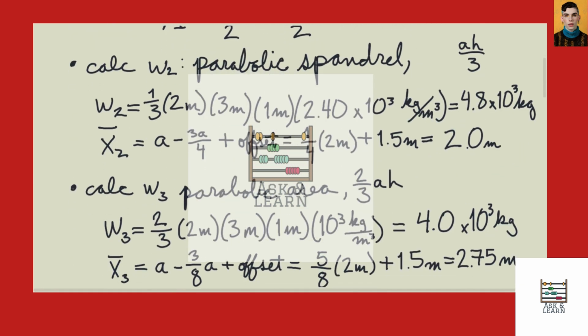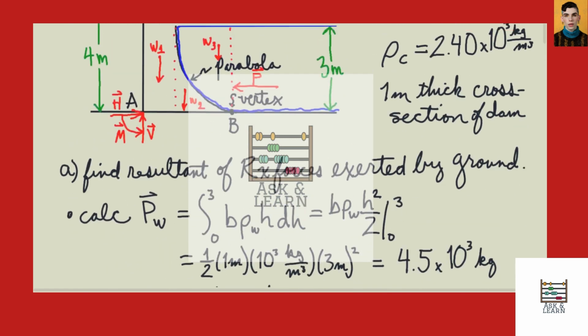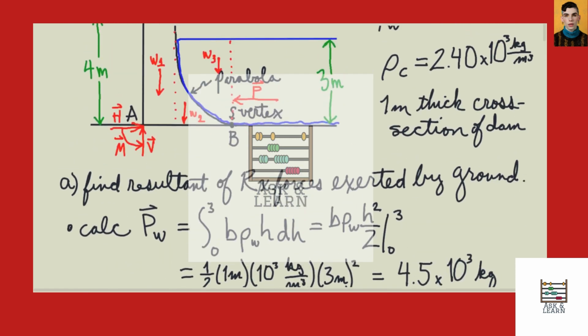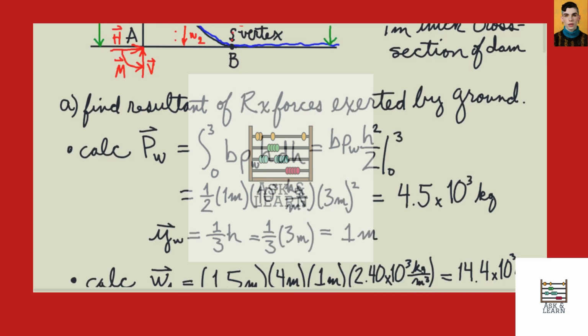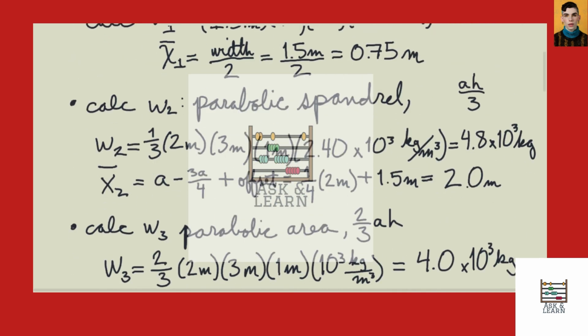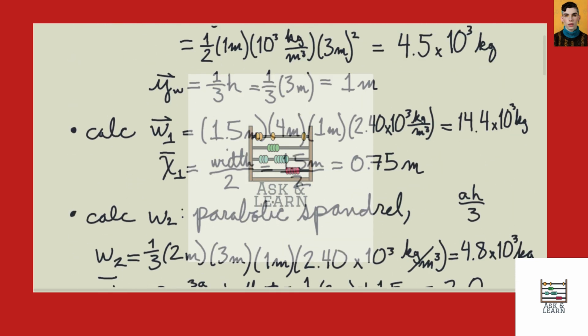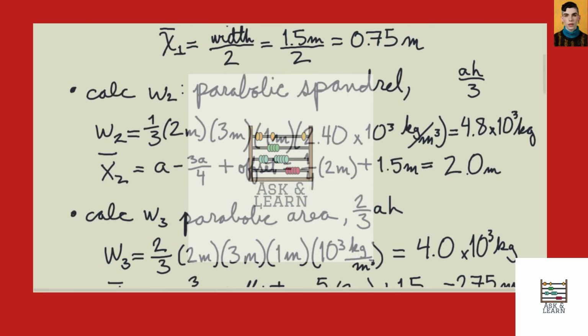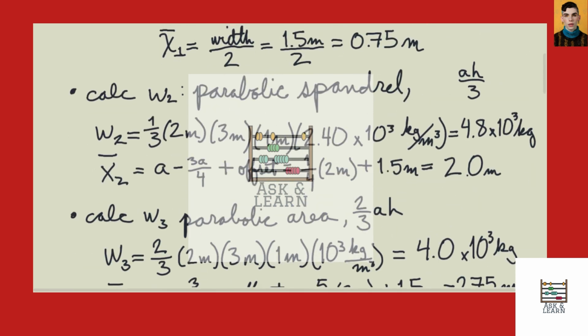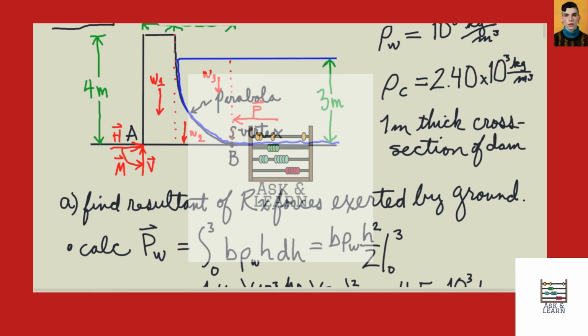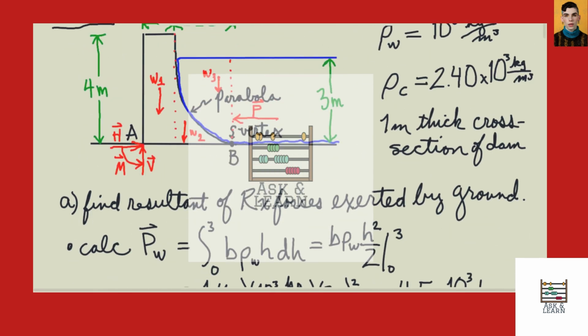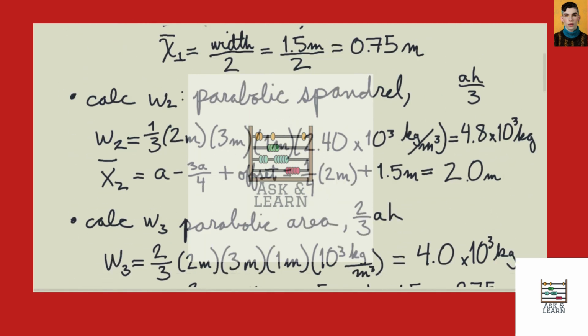To find the x location of the centroid here, we look up its formula for a parabolic spandrel and subtract it from the total span of 2 meters.